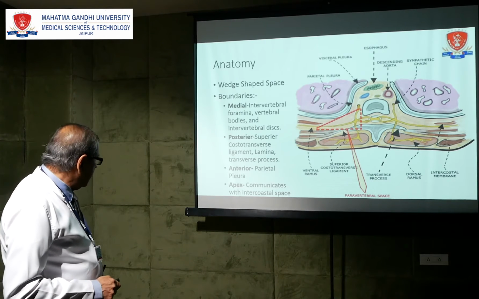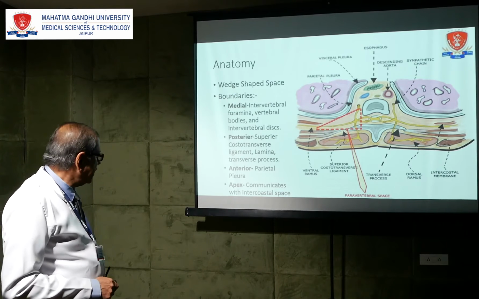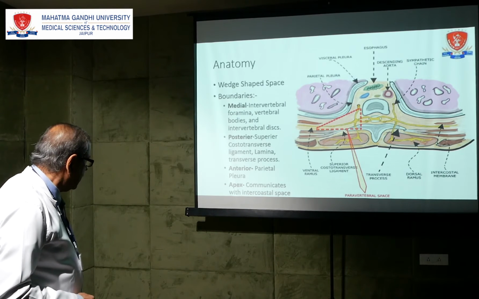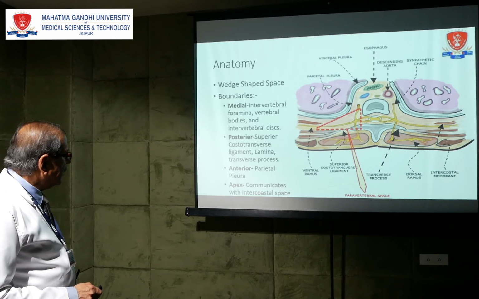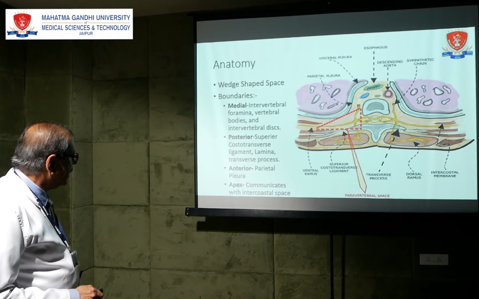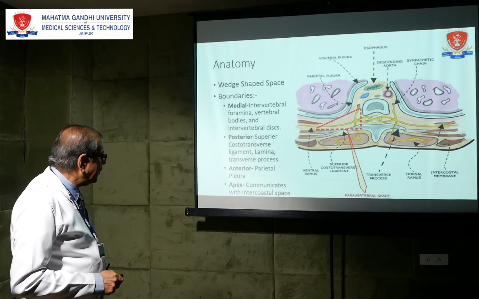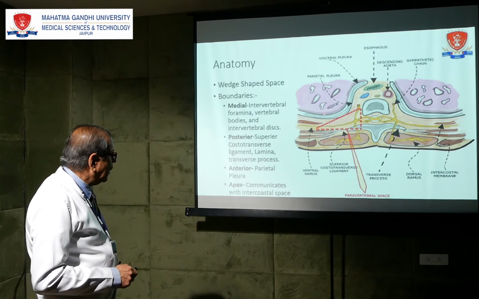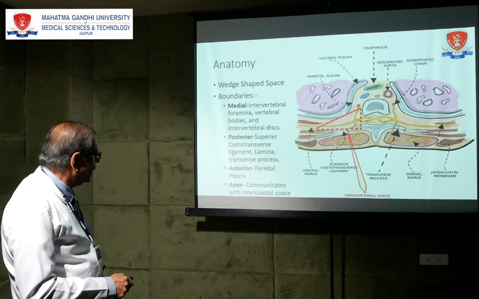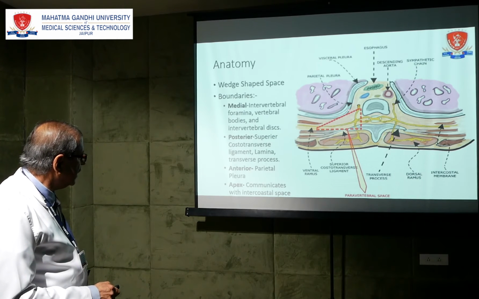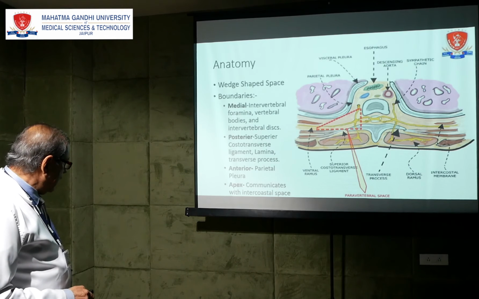The part of the lamina and transverse process also aid in the formation of its posterior wall. Anteriorly, the pleura is there. This is the parietal pleura. The visceral pleura of lung is almost attached to the lung. So, what you appreciate is pleura only.